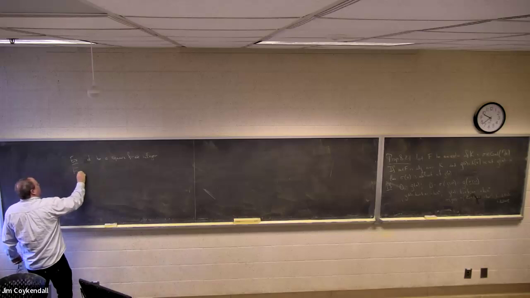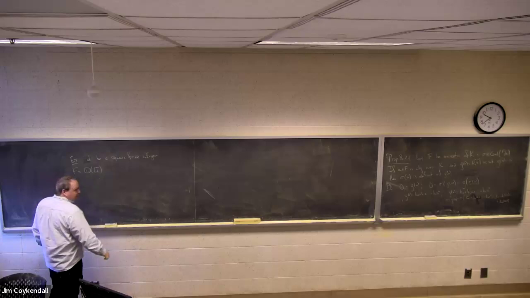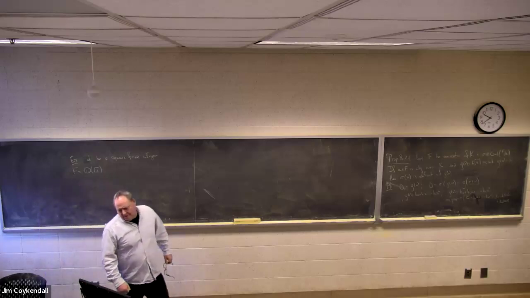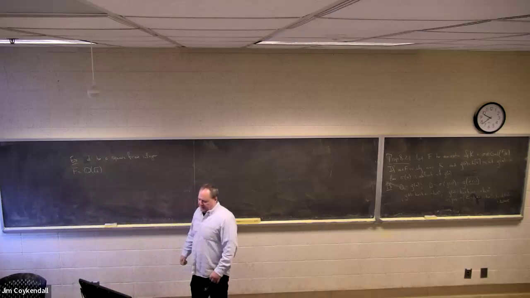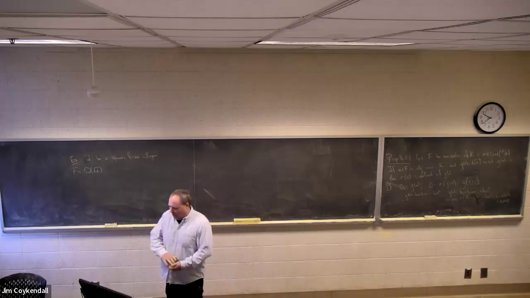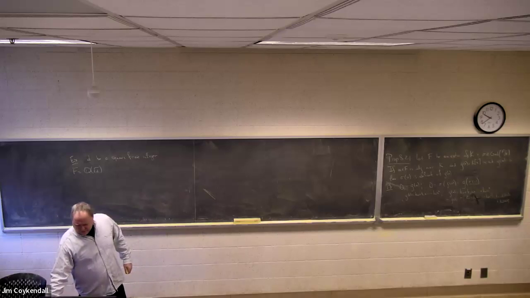Consider F equals Q adjoined radical d. So d might be 2 or a prime or something like 6. It's just got to be divisible by no square other than 1. Anybody want to venture a guess as to what the Galois group is over Q?